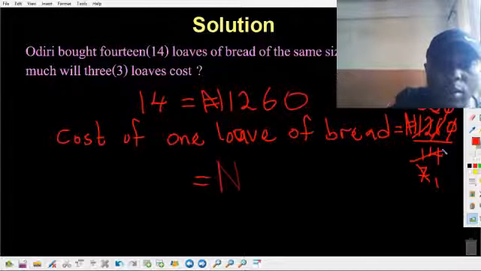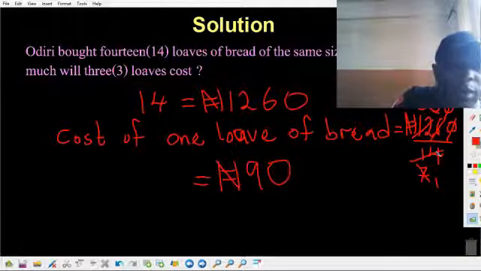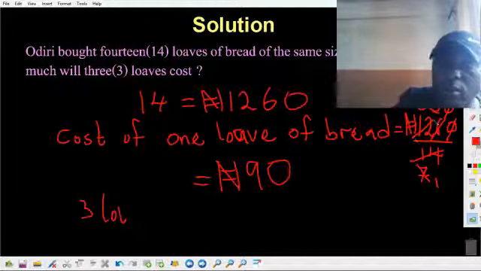As 19 naira. So we're going to say 3 loaves of bread.